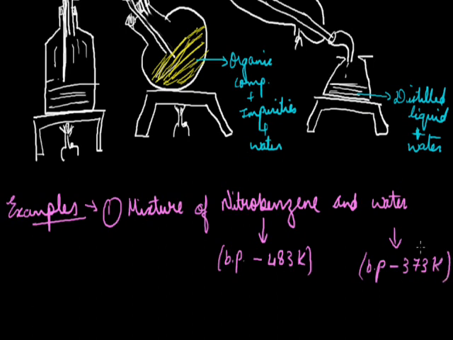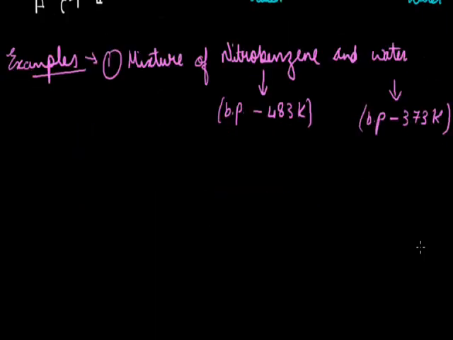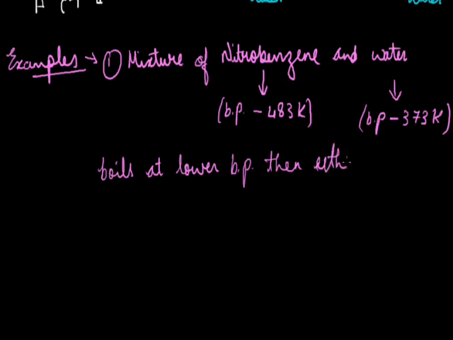But when they are separated with steam distillation, we'll see that the mixture boils at a lower temperature or lower boiling point than either of these two. Okay, that is at 372 Kelvin. So at this temperature, this mixture will start boiling.